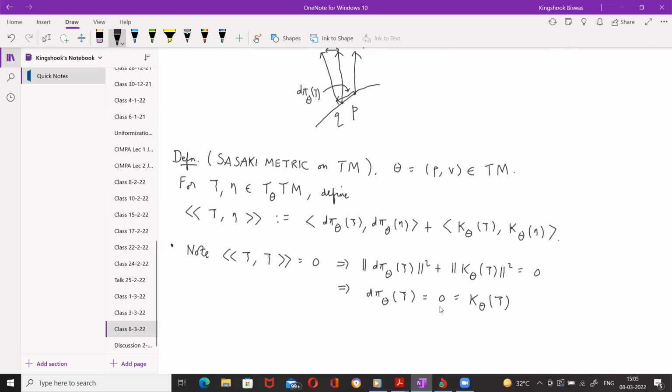Because j theta was an isomorphism. So therefore, xi is equal to 0. Okay. So therefore, this Sasaki inner product is actually an inner product on T theta TM. Is this clear? Yes. Okay.